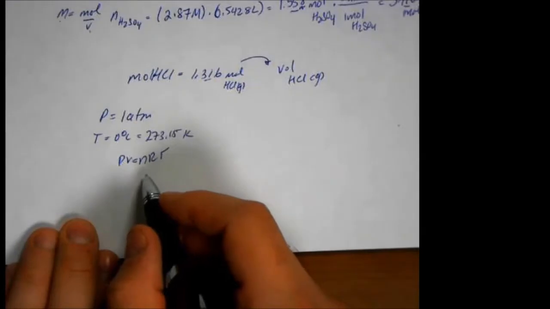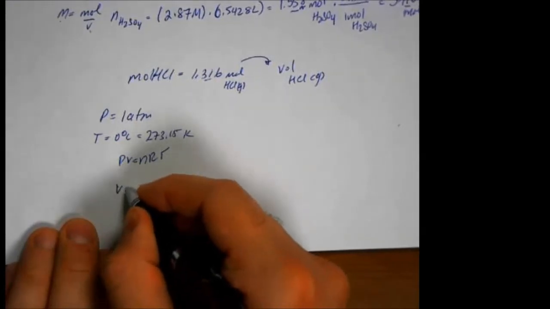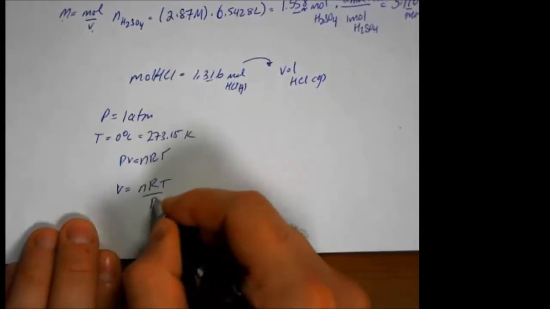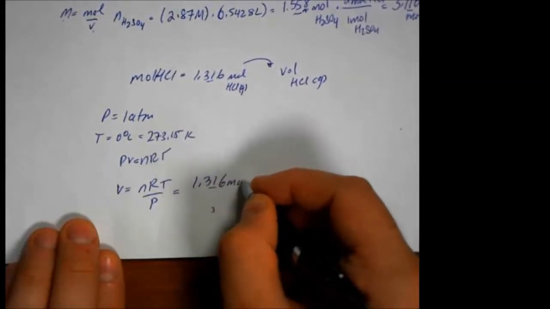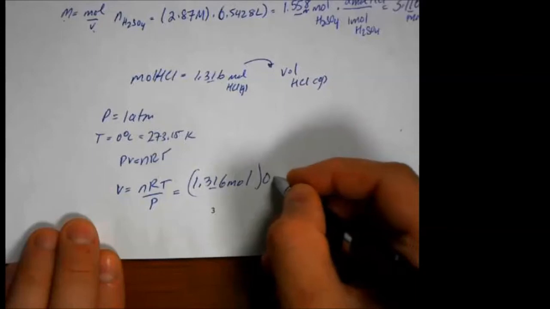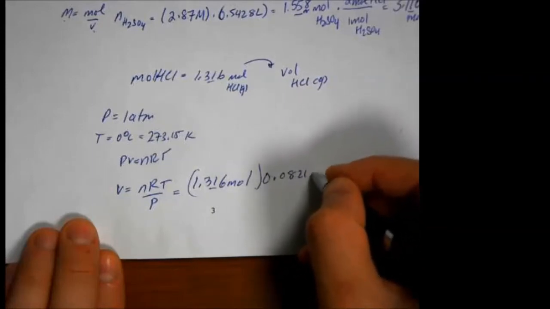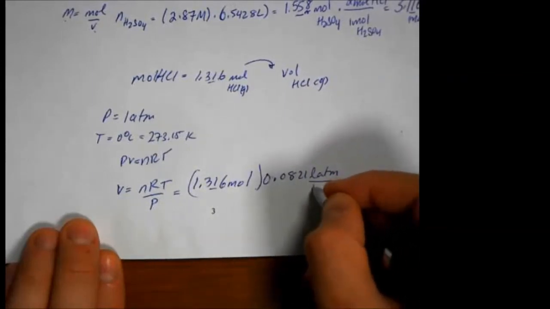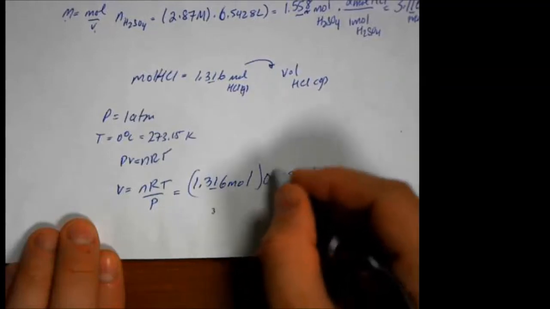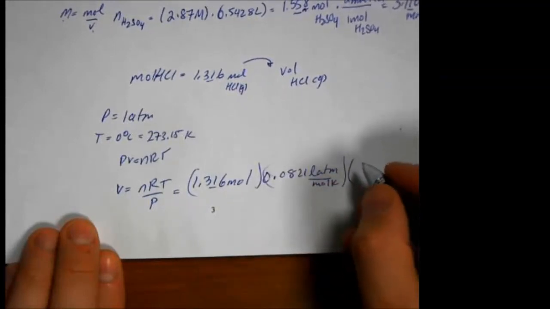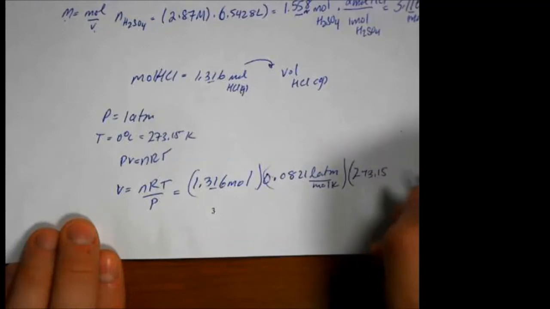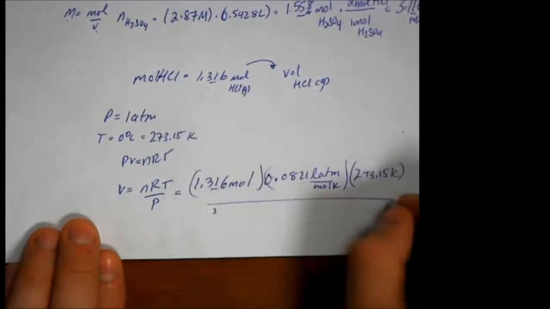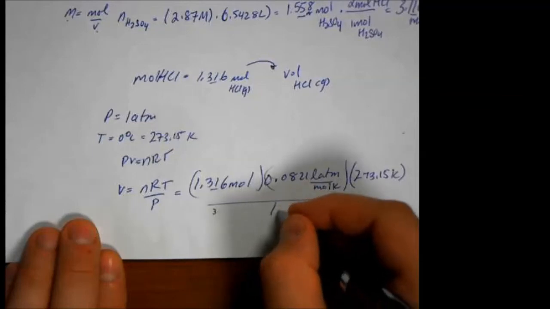If we want to calculate volume, volume is going to equal nRT over P, which is 1.316 moles times the gas constant, 0.0821 liters atmospheres per mole Kelvin, times the temperature, 273.15 Kelvin, divided by the pressure, which is 1 atm.